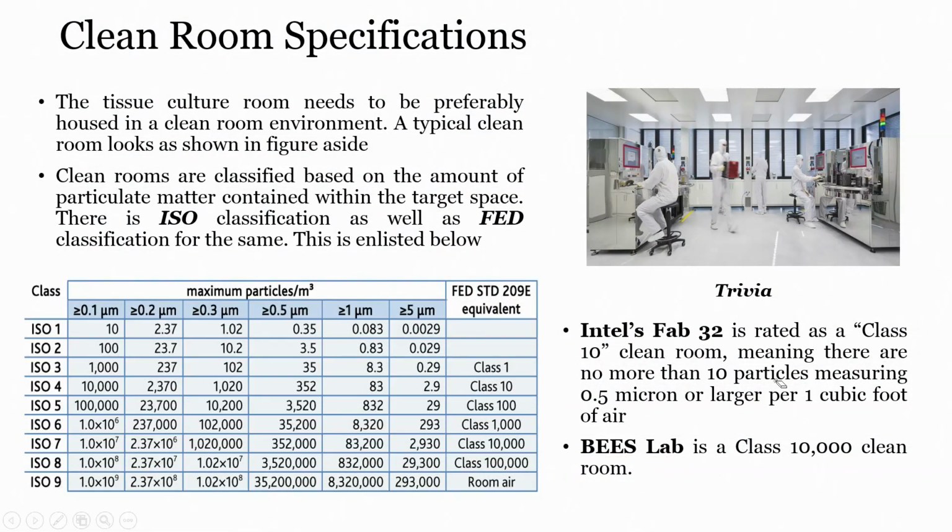If you see the screen, Intel Fab 32 is rated as a class 10 clean room, meaning there are no more than 10 particles measuring 0.5 micron or larger per 1 cubic foot of air, right. You can see class 10, no more than 10 particles.